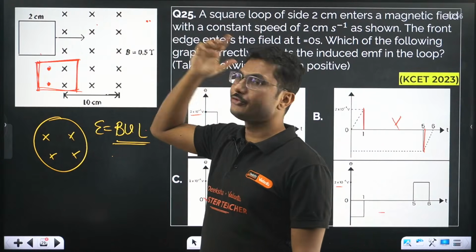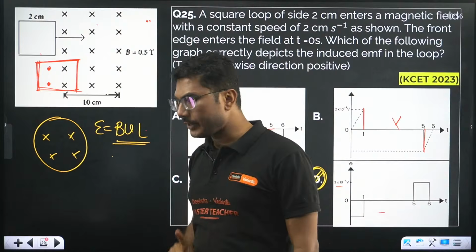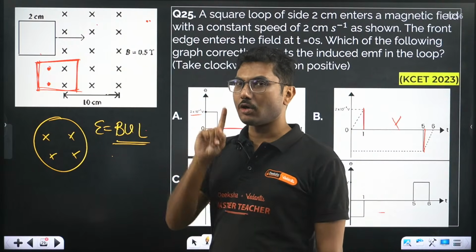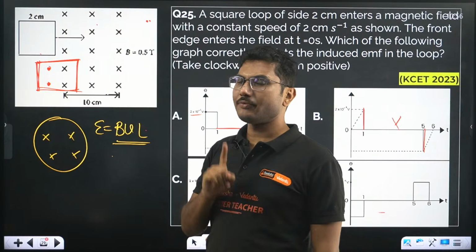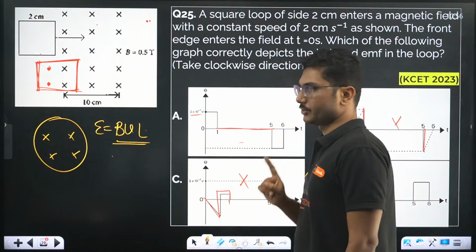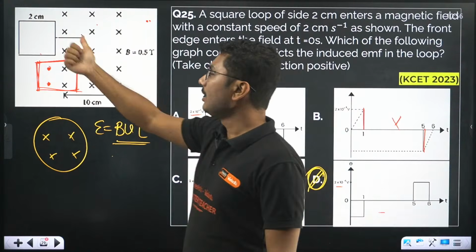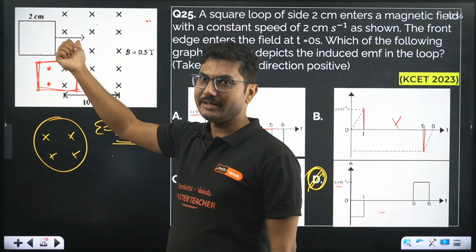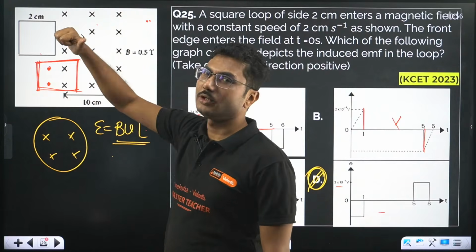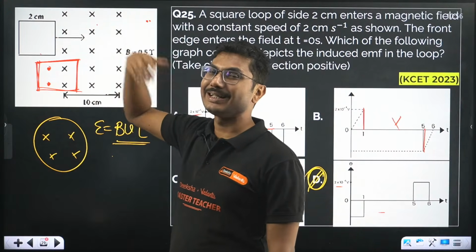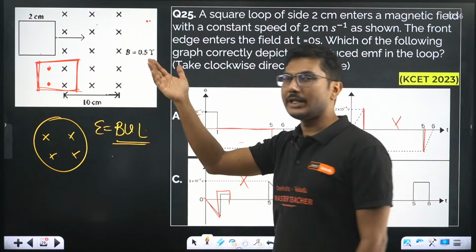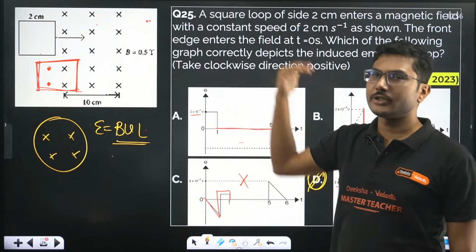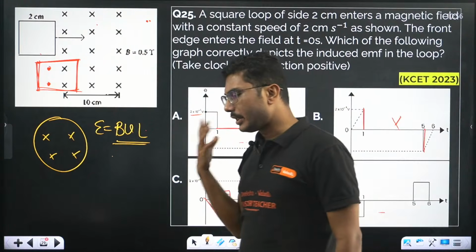Now, induced EMF always opposes the cause. Induced EMF always opposes the cause. So if the original field is inside, the induced field will be outside. Don't think too much.